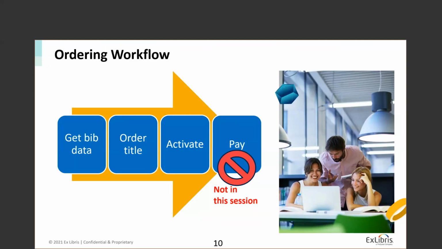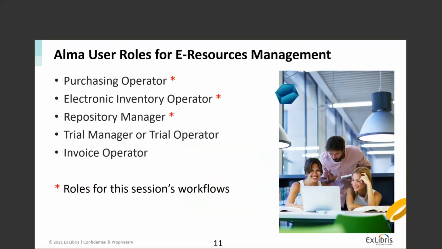Not all the staff members at your institution can do everything in this workflow. It depends on the Alma roles you have as a user in Alma. So these are the five different roles in Alma that are necessary to do e-resource management: purchasing operator, electronic inventory operator, repository manager, trial manager or trial operator, and invoice operator.